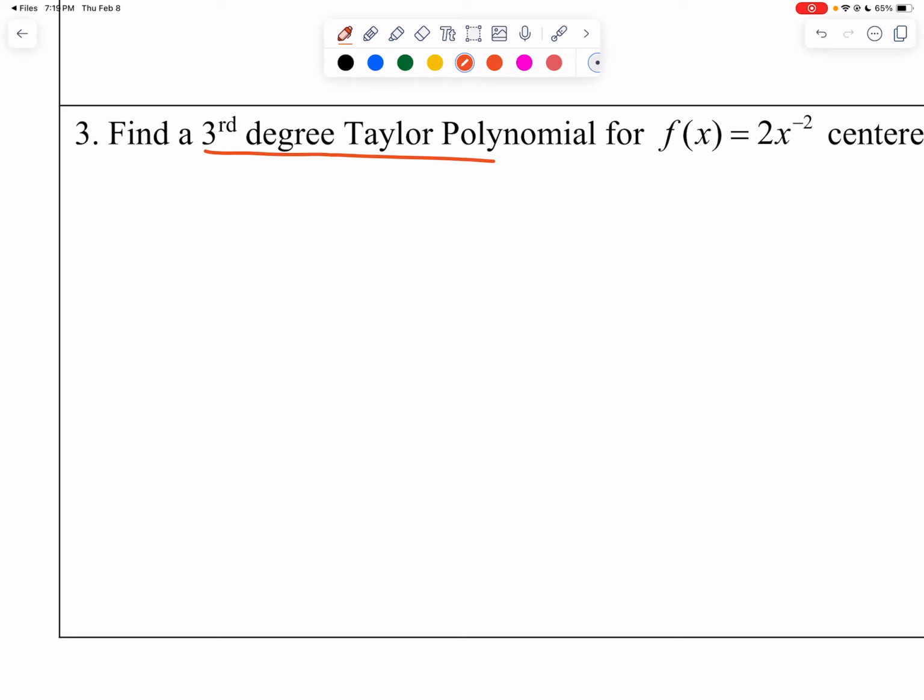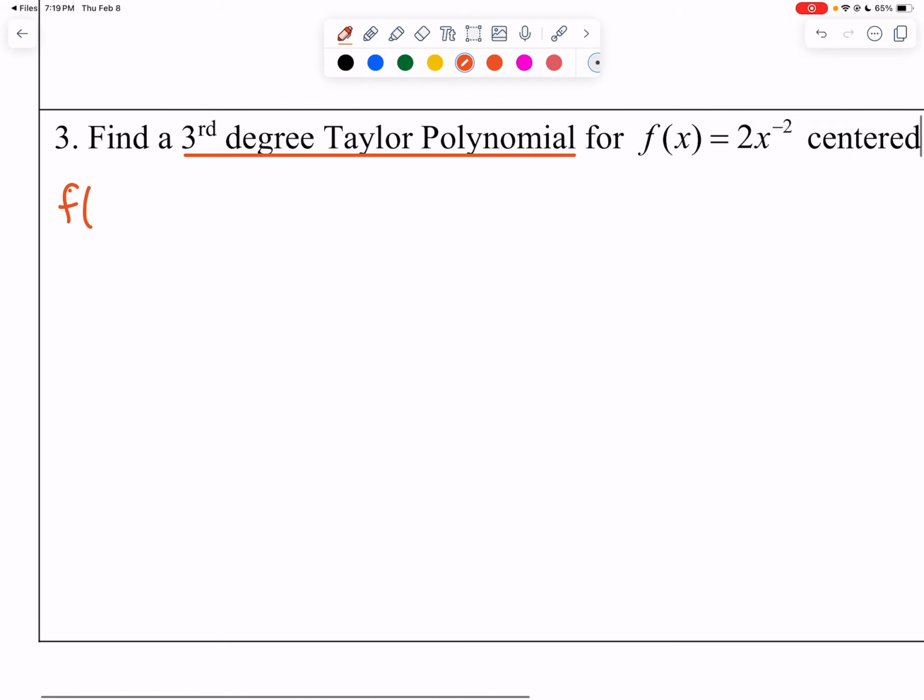Since I have a 3rd degree Taylor polynomial that I want to find, this means I'm going to stop at my 3rd derivative. But first, I need to find the function at 2. So I want to find out what f of 2 is. That's going to be 2 to the negative 2, which is the same thing as 2 over 4, which is 1/2.